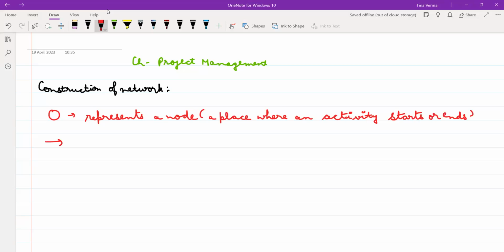Here the arrow denotes an activity between nodes. So the circle is representing the node, that means from where you can start the work, and the arrow is representing the activity between the nodes, right? So there are some basic rules that you have to take care of.